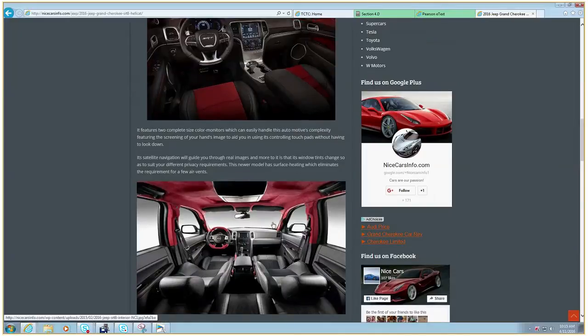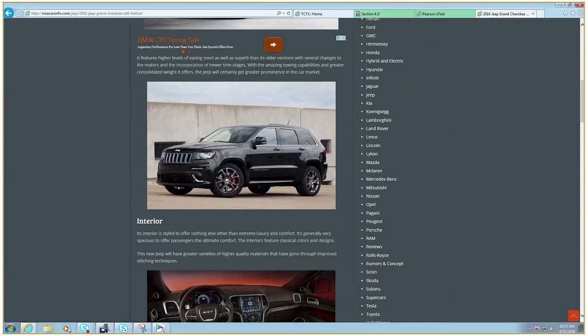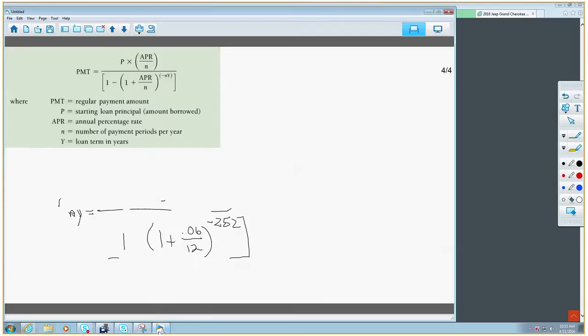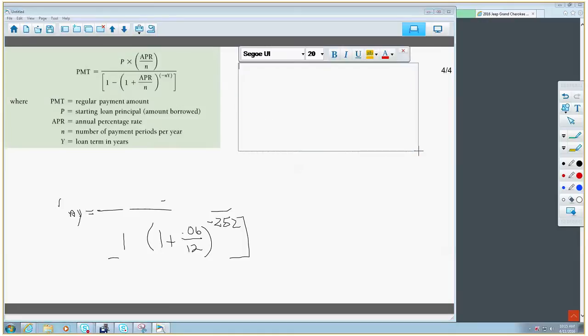We found a bargain. We're gonna say that we got good credit. We're gonna get us a Jeep Hellcat at 80,000.